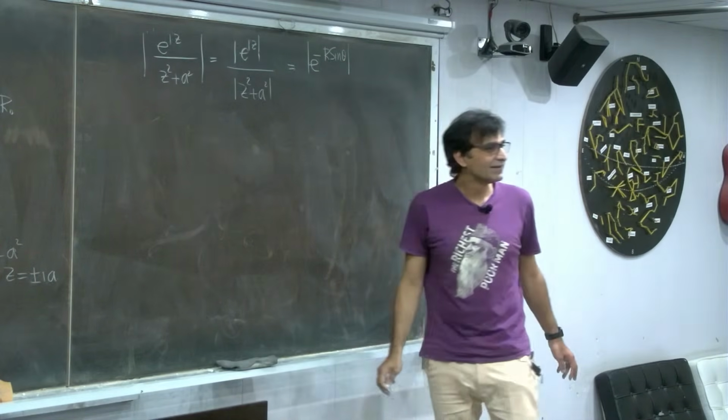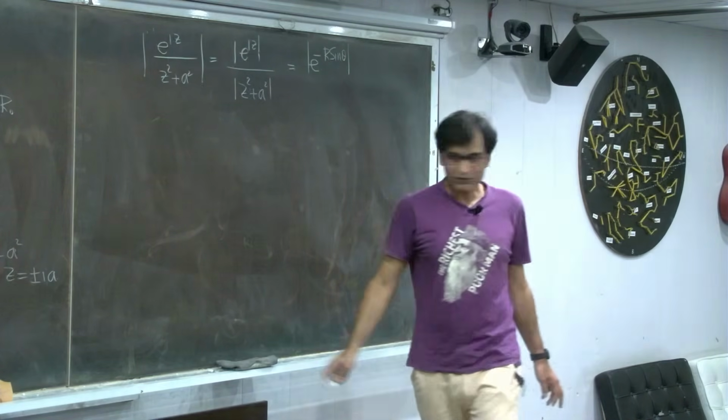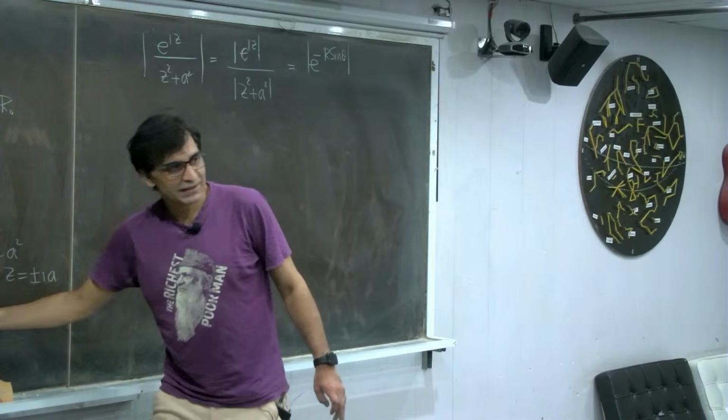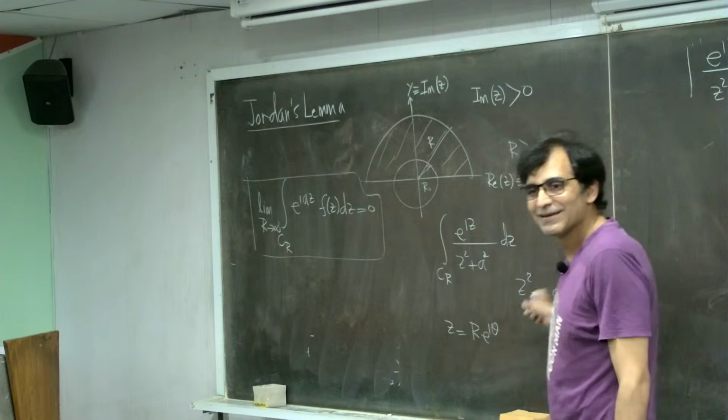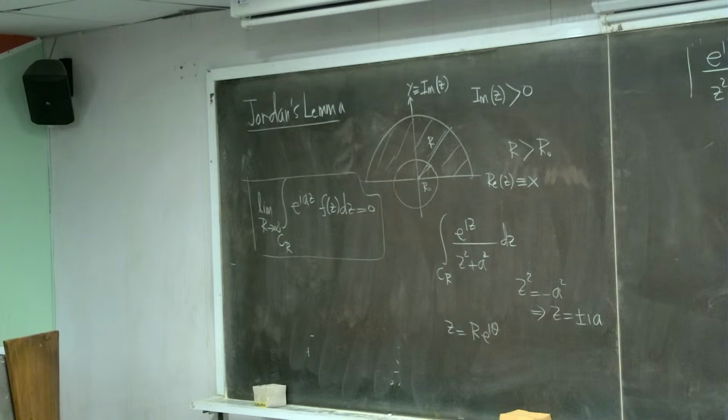Is it correct? It's correct, right? Because you put R cosine theta plus iota R sine theta. You take R cosine theta, the absolute value becomes 1 because it has iota with it, and this becomes minus R sine theta. What will be in the denominator?